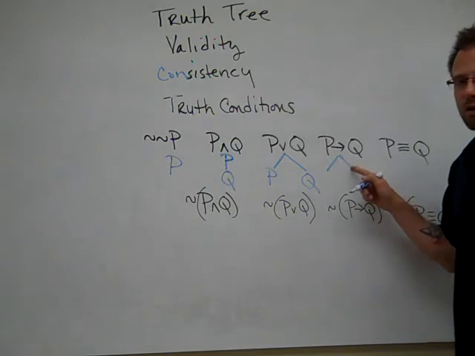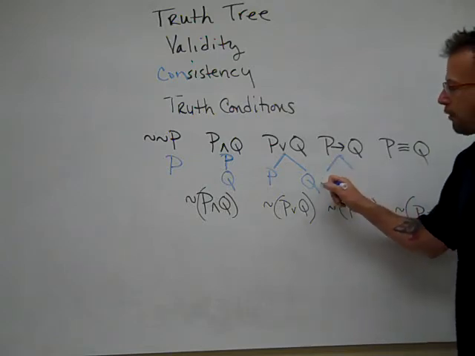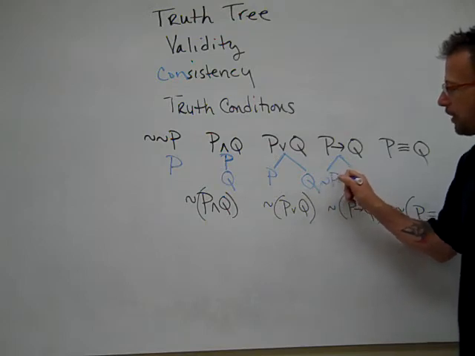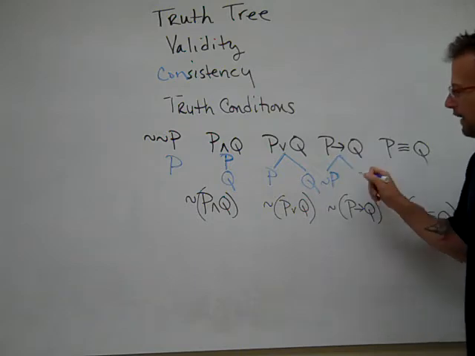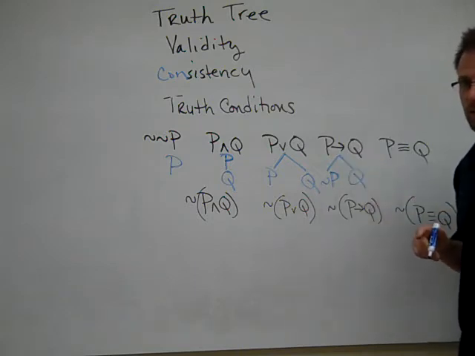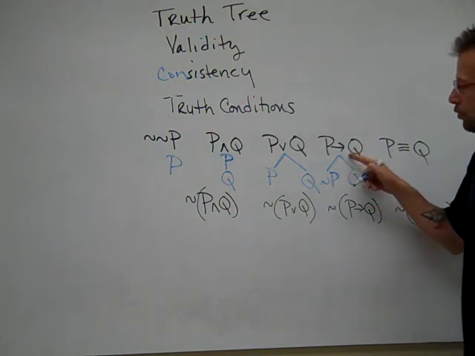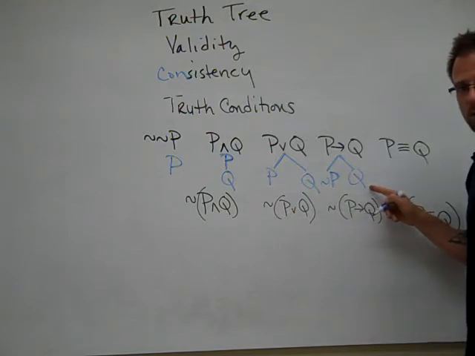Well, if this statement is going to be false when the antecedent is true and the consequent is false, we know right away that if the antecedent is false, that statement's going to have to be true. And we know if the consequent is true, that statement's going to have to be true. So this statement will be true when either the antecedent is false or the consequent is true.